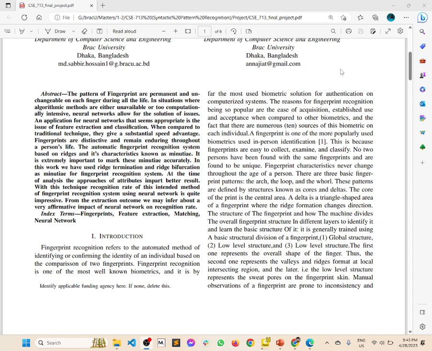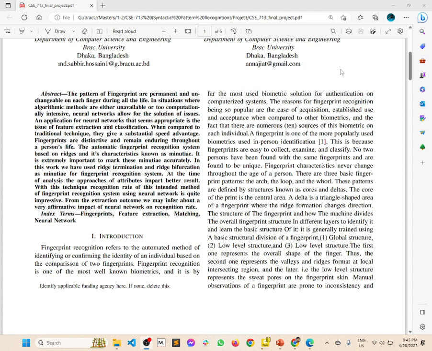The reasons for its popularity are the ease of acquisition, established use and acceptance when compared to other biometrics, and the fact that there are numerous sources for these biometrics on each individual.